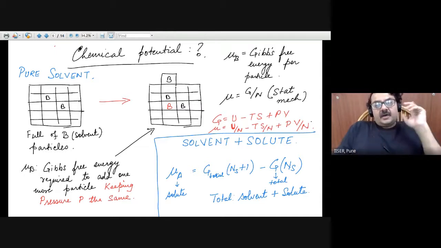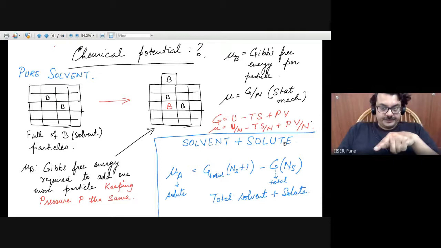Now, if you have a solvent and a solute, suppose it's not all pure solvent, and suppose you already have Ns solute particles and NB solvent particles, then the chemical potential of the solute is the Gibbs free energy change on adding an extra solute particle.